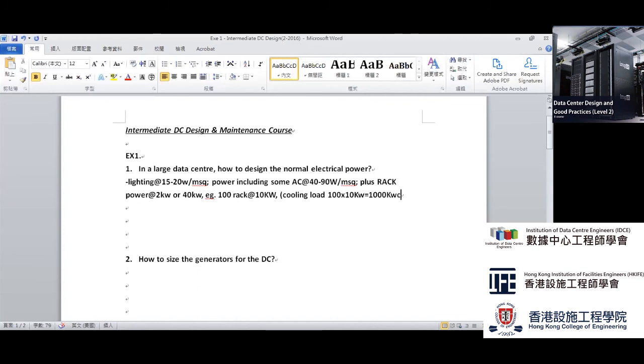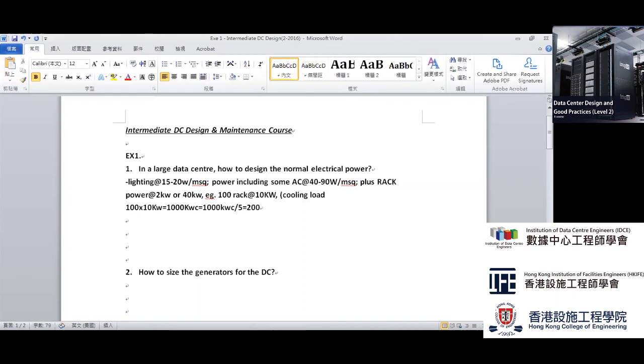And 1000, let's put a bracket here, okay? So that is almost the 1000 kilowatt cooling divided by 5 as a ratio. That equals to, I think, 200 kilowatt electric. So that's how you estimate the power for the CRAC unit.